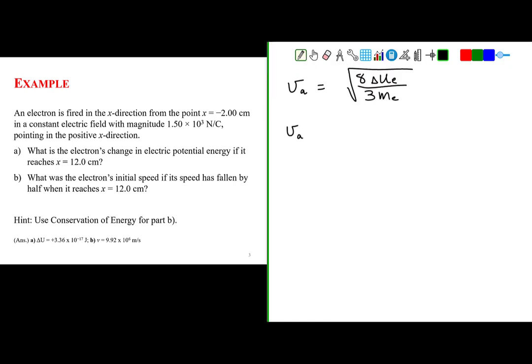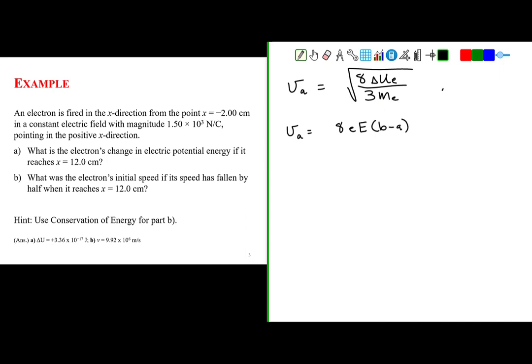Now I'm going to do one more step before I plug in numbers. I'm going to plug in the exact expression for our change of potential energy because I want to minimize rounding errors.